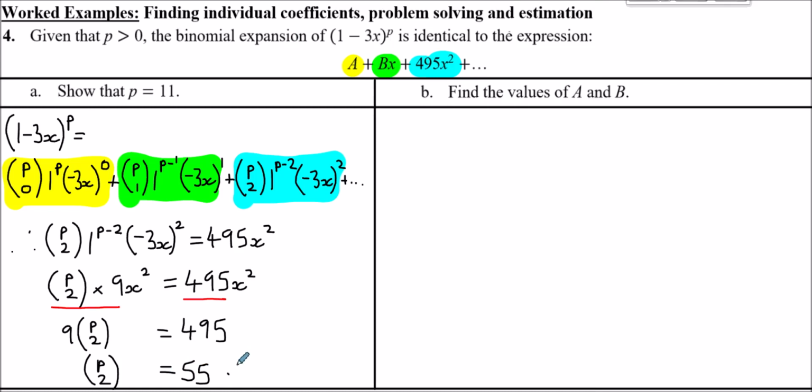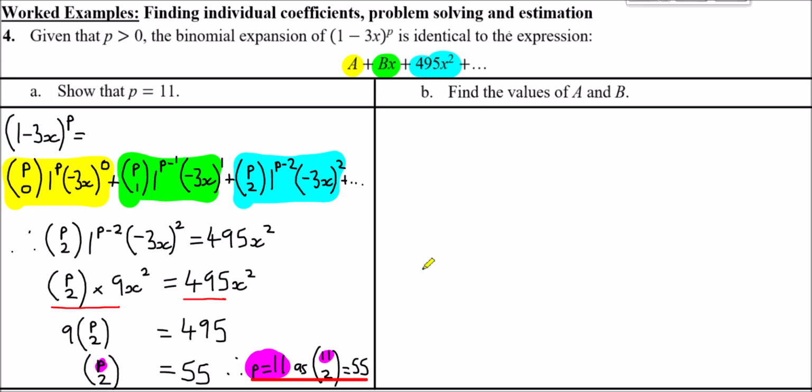So we can just say therefore p equals 11 as 11 choose 2 equals 55. That's all we need to do, and that'll suffice. So by substituting in, essentially, that when p is 11, that gives the correct solution as needed. 11 choose 2 is 55, p choose 2 is 55, therefore p is 11.